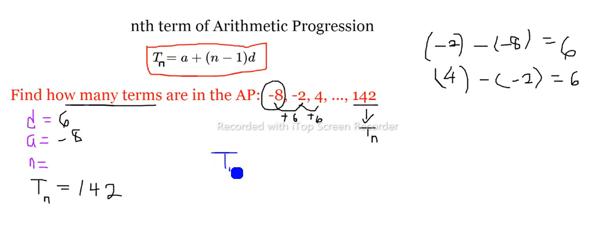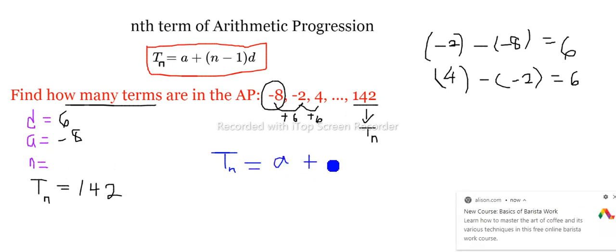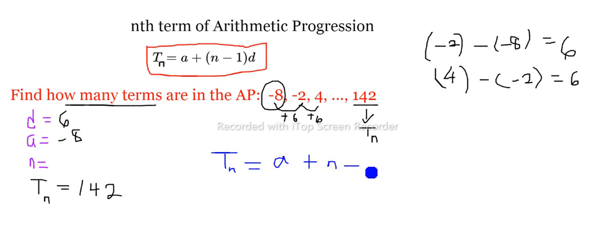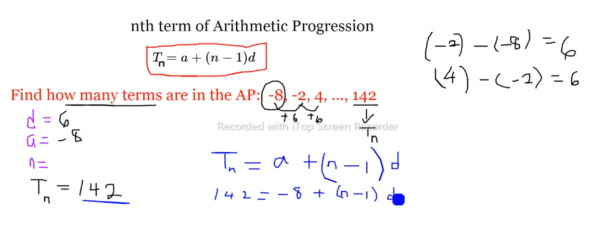Tn is a plus n minus 1 multiplied by d. Tn has been given already, so this is 142 equals minus 8 plus n minus 1 multiplied by d.